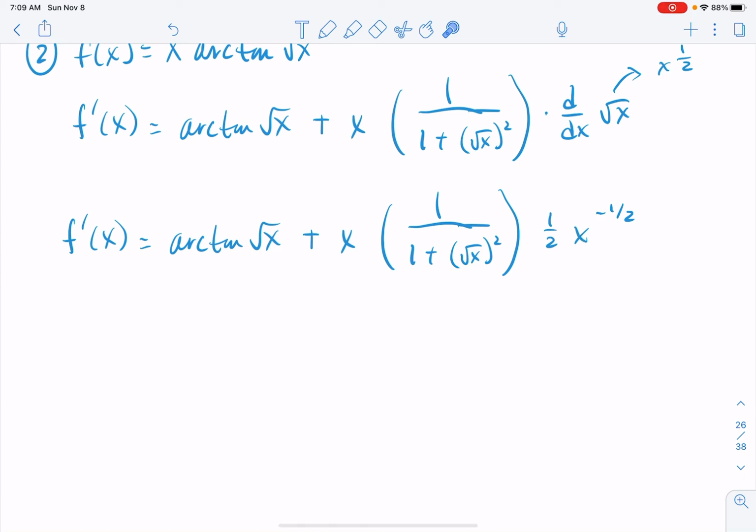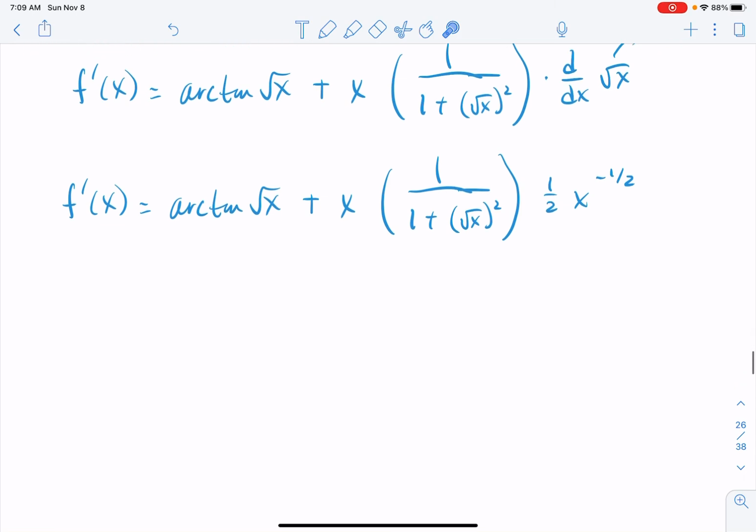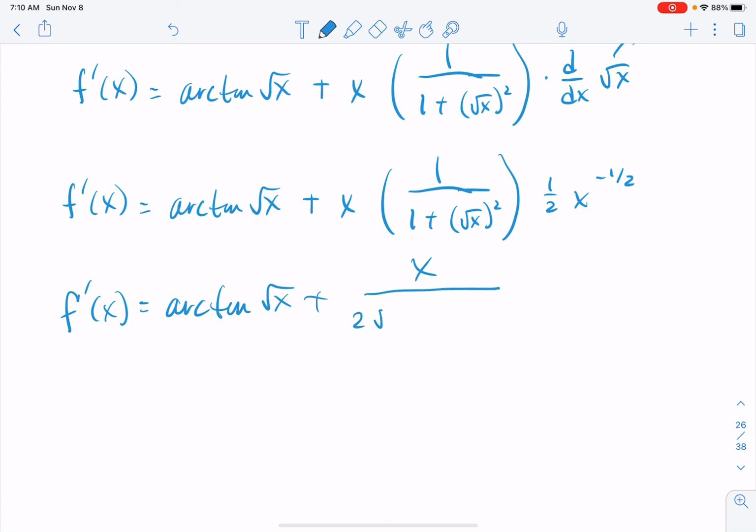The square root x will come down to the bottom, and then I can square this square root. A little bit of algebra. So x will come up top, over 2 square root of x, and in the parentheses here, I would write this as 1 plus square root of x squared is x.